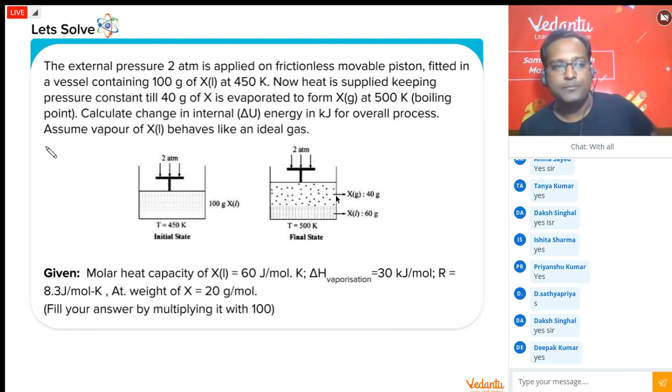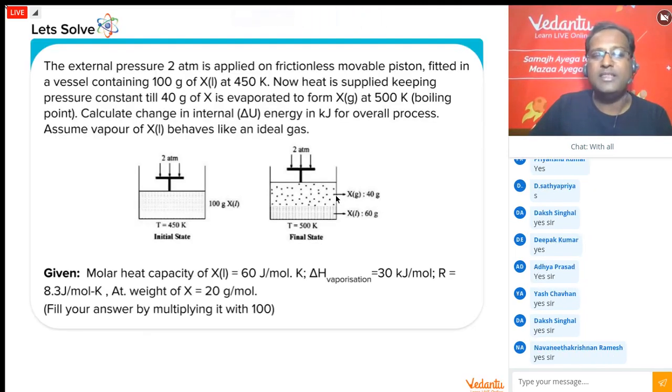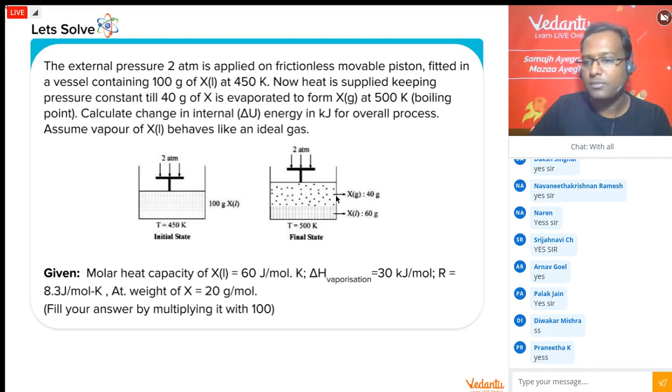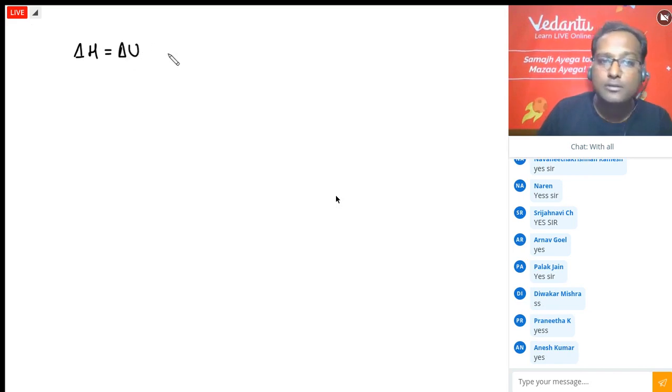Now, can I say that for liquids, Cp and Cv should not matter? Whether you do a process at constant pressure or constant volume, liquids are incompressible, so it makes no difference. So Cp and Cv of a liquid should be the same, right? So I can say that delta H equals delta U for a liquid.